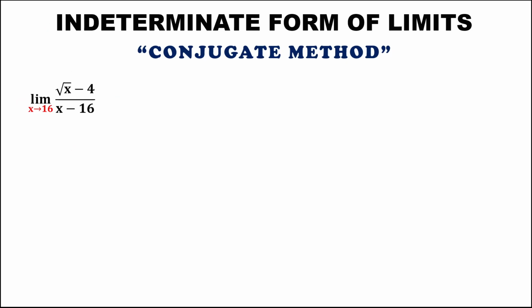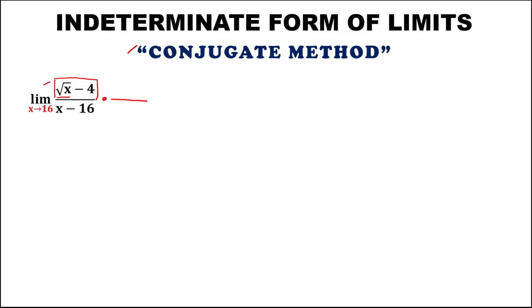In this case, to evaluate this limit, since the given contains a radical, we're going to use the conjugate method. In the conjugate method, we just need to multiply the part that contains a radical by its conjugate. Since the part that contains a radical is the numerator, we need to multiply this numerator by its conjugate.